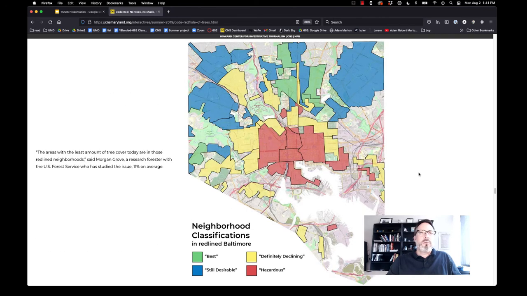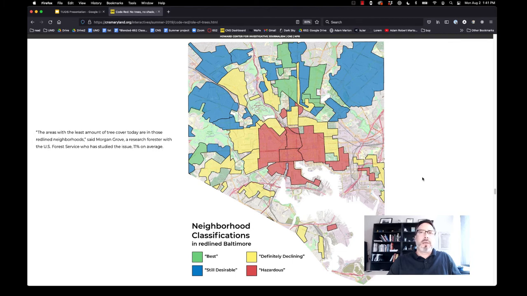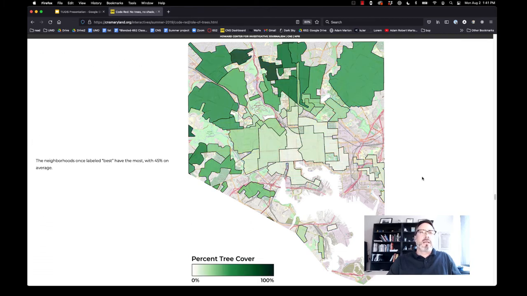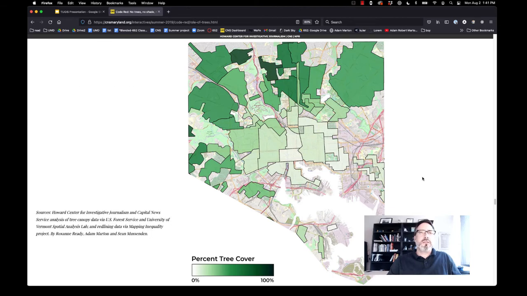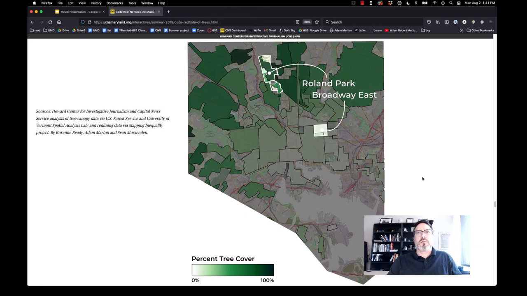One researcher told us that the areas with the least amount of tree cover today are in those redlined neighborhoods, and we were able to bear that out with this map. The neighborhoods once labeled the best have the most, with 45% tree cover on average. So we call this the legacy of redlining on tree cover.